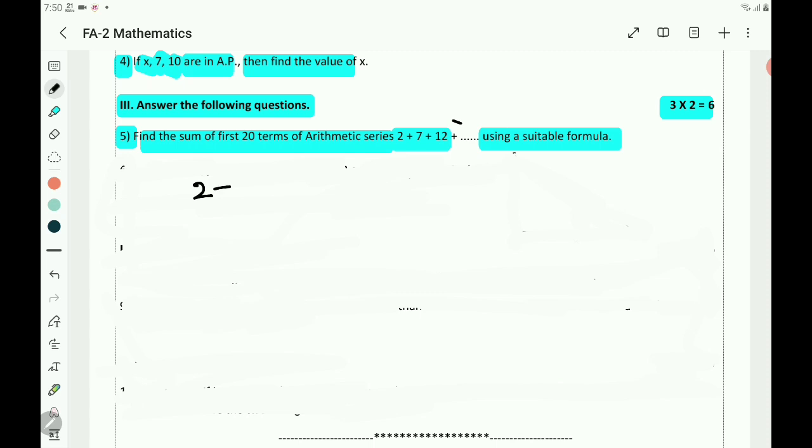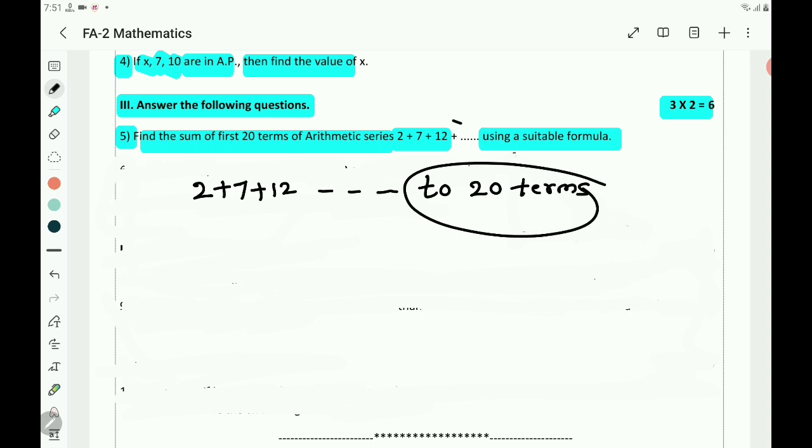2 plus 7 plus 12 up to how many terms? Up to 20 terms. Find the sum of 20 terms. Then you write the value of a. a means first term. What is that? 2.